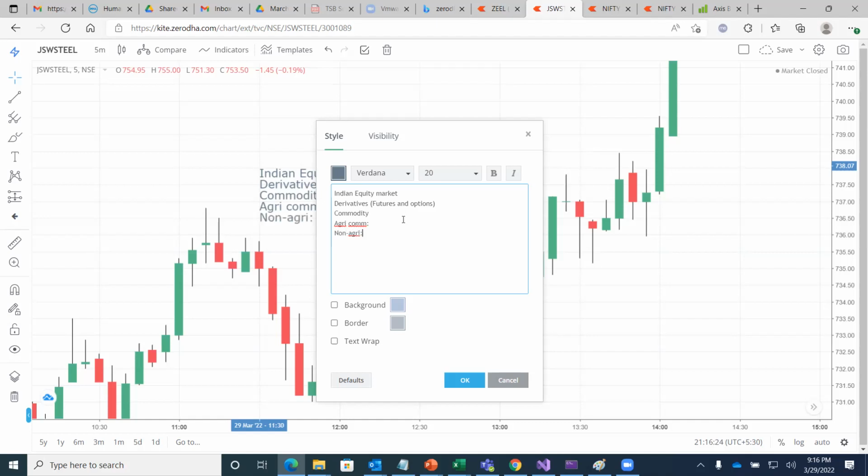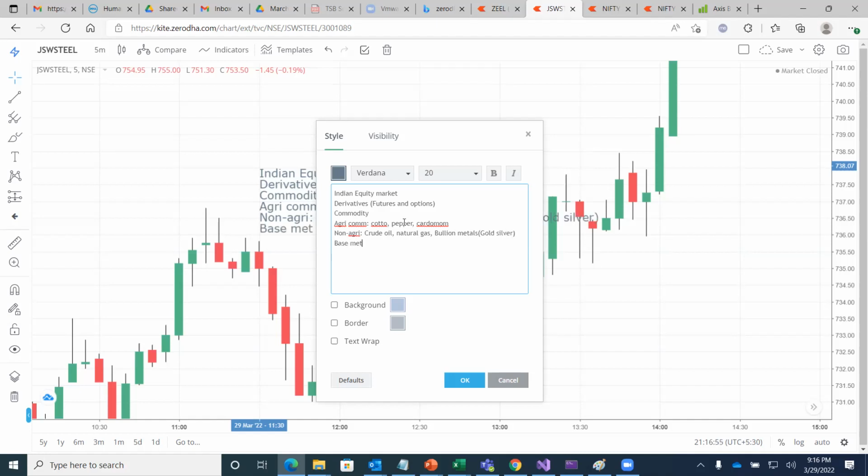Agri-commodity is all our cotton, pepper, cardamom. A lot of things are there if you consider agri. What comes in non-agri is crude oil, natural gas, and bullion metals. Bullion metals are your gold and silver.